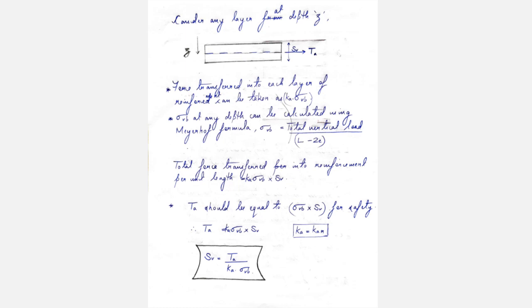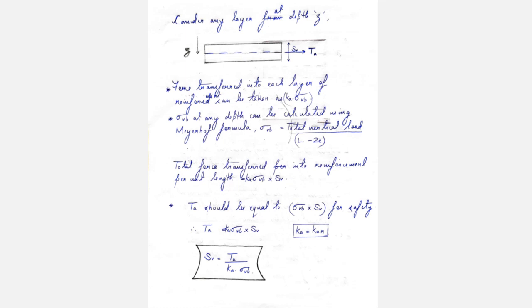Now sigma VB at any depth can be calculated using the Meyerhof formula which we had used earlier. It will be the total vertical load divided by the effective length over which it is acting. This formula is the same as the Meyerhof formula which we had used in checking the stability analysis against bearing capacity failure.